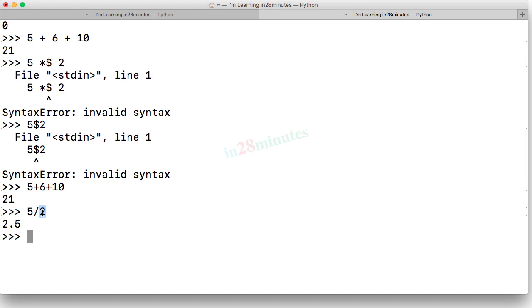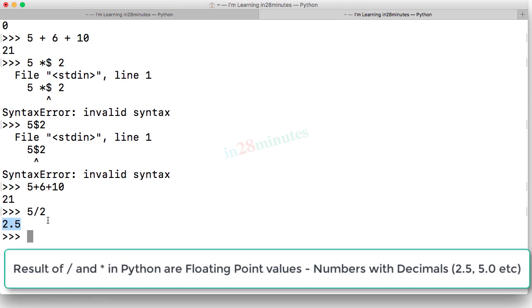Integer values are those that do not have a decimal attached to that. So this is 5, 6, 10, 20, 25. So even though I'm performing an operation on an integer value, the result is a floating point value. It's a decimal value. It's a 2.5. Python does what is expected. 5 by 2, I would expect it to return 2.5, and that's what Python returns.